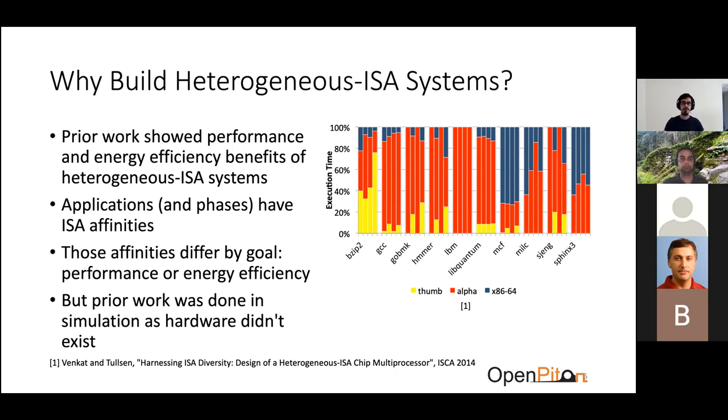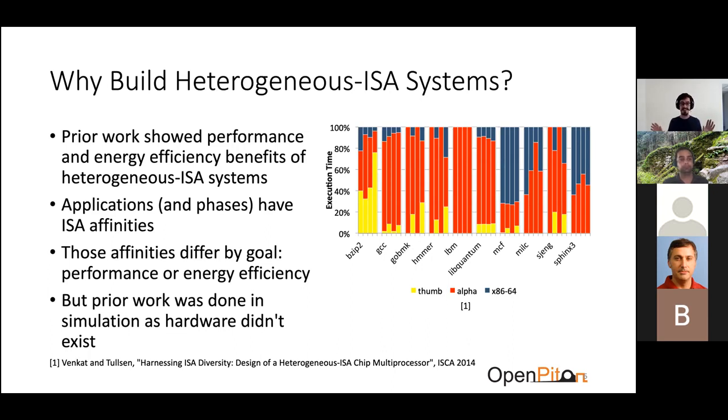So this part of this work was not trying to show the magnitude of the benefit. It was purely trying to show that there existed an affinity and that there was a performance advantage or an energy efficiency advantage to running different parts of your application on different ISAs. If you look further into this ISCA 2014 paper, which is an excellent paper, I highly recommend it.